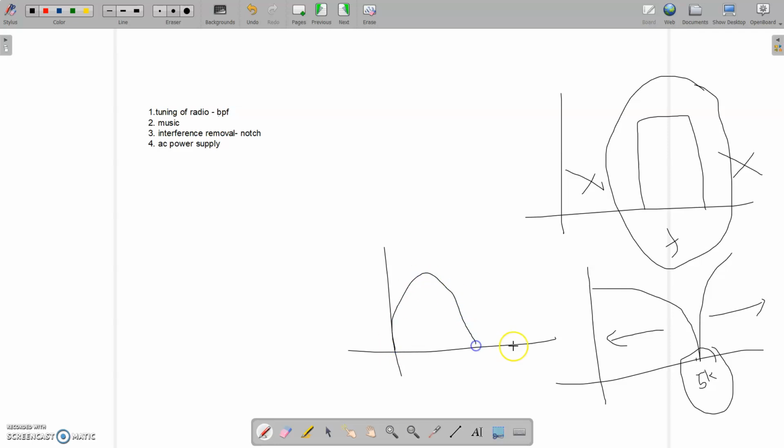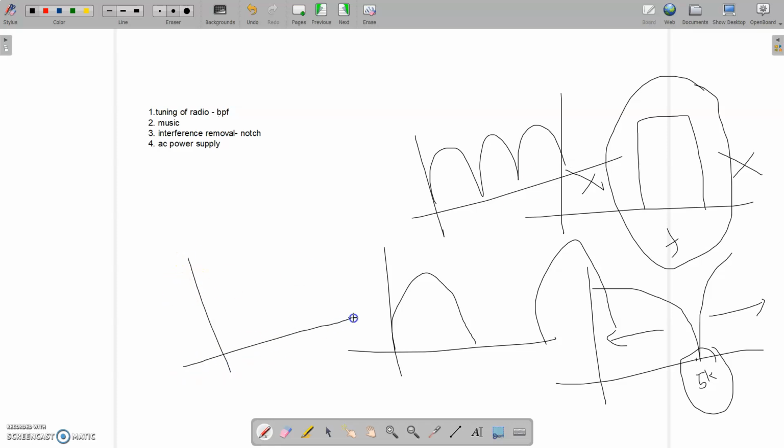So for example, with a low pass filter, or say a high pass filter, I have some ripples like this. When you design using an RL circuit, using RL load, you have the output something like this, and this is my ripple. If we want to reduce these kinds of ripples, we can use different types of filters.